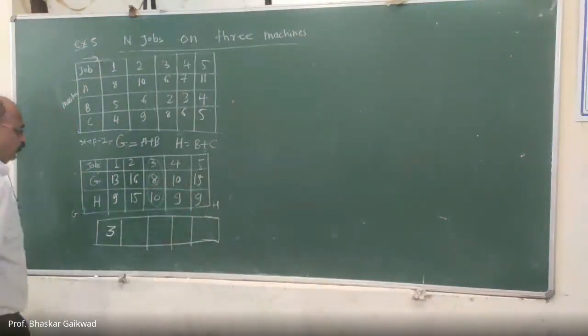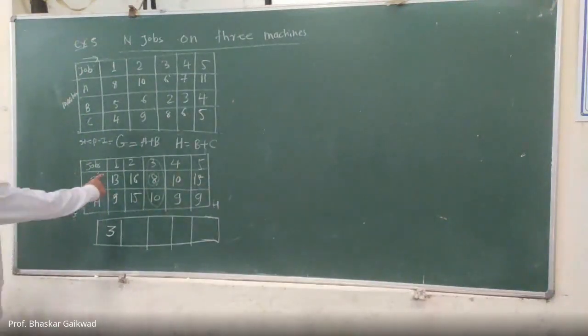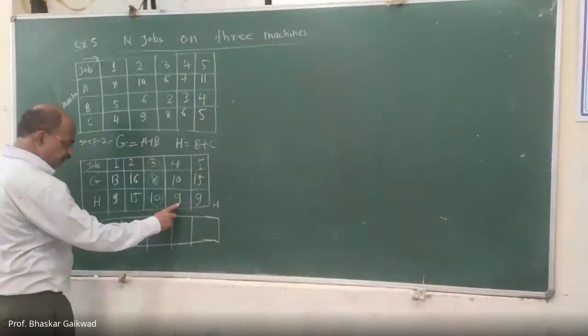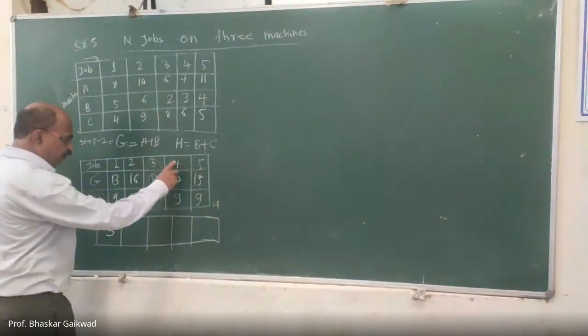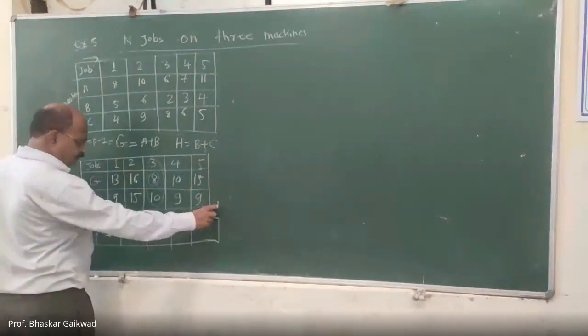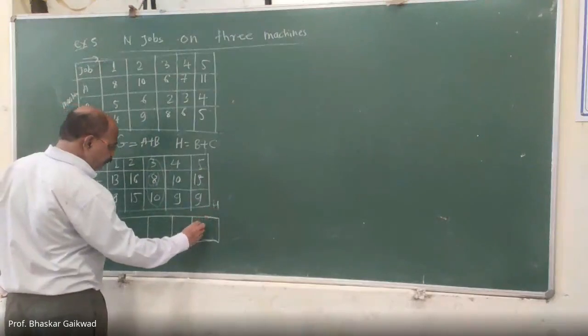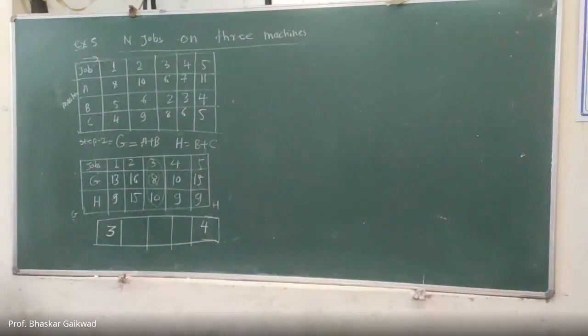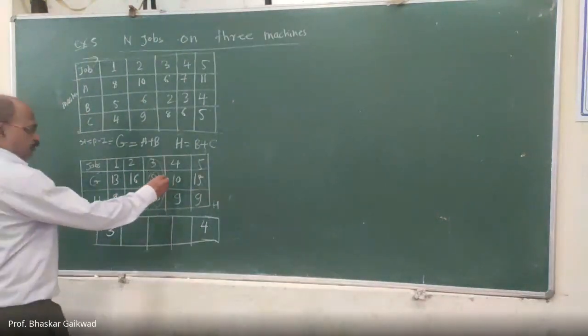Now 13, 10, 15, which is the minimum? 10 is minimum. So this number you have to consider, which is job 4. And this 9 is related to H. So here you can start from job number 4.